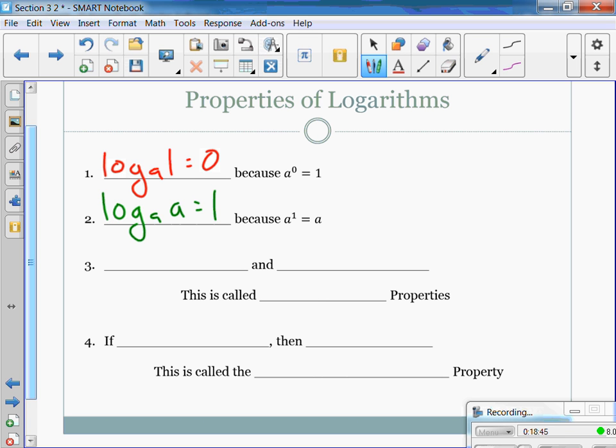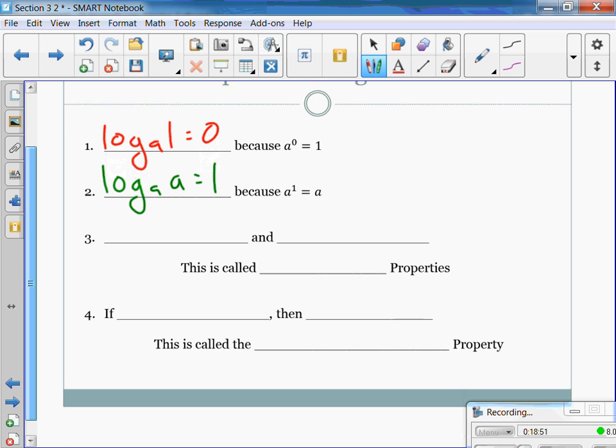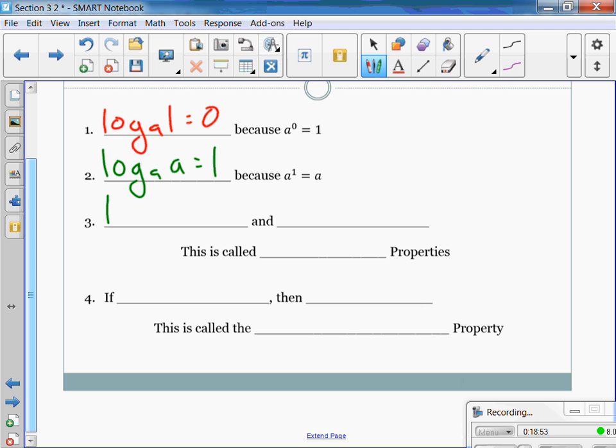And then we also have log base a of a raised to the x, along with a raised to the log base a of x equaling x.